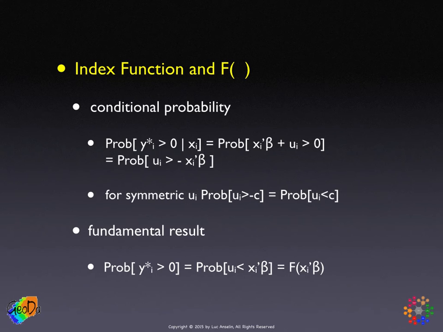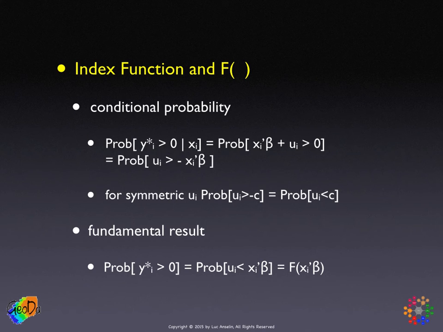So since this is all about the probability of the latent variable being positive, we express that. If we take our function to be linear, then it is the probability that x_i beta plus the error term is larger than 0. And this is where it becomes interesting, because x_i beta is a constant that has no probability assigned to it. So everything having to do with this condition hangs on the probability distribution for the error term, just like in a linear regression.